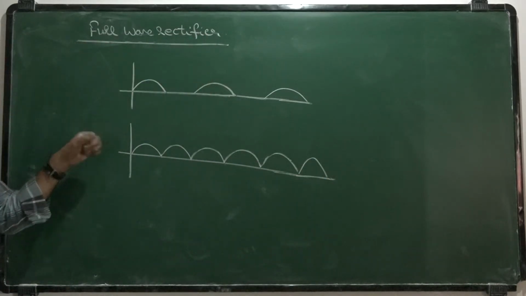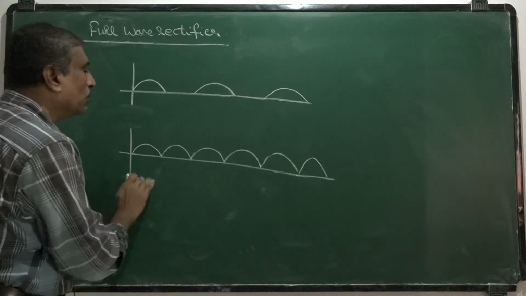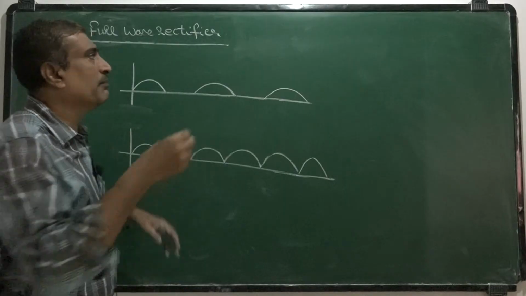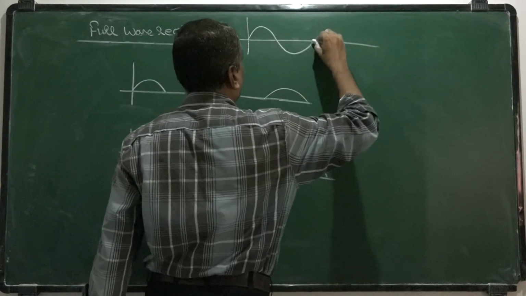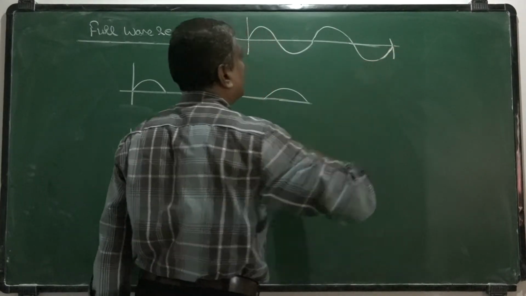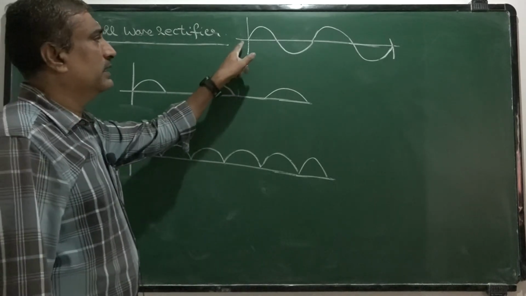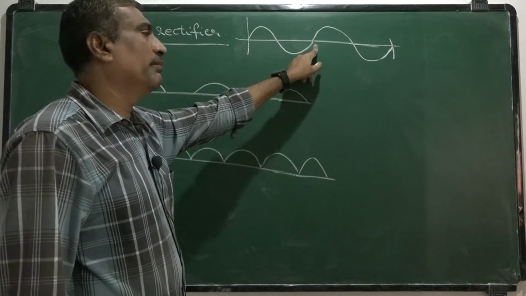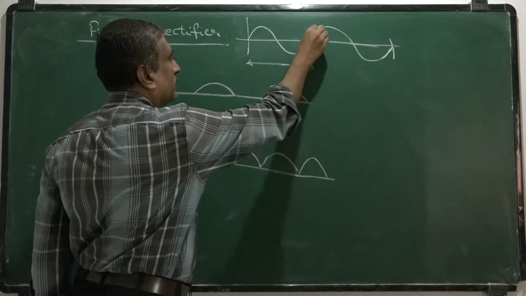The frequency of this output increases by 2 times compared to the alternating current input. This is the time period T, the full cycle.